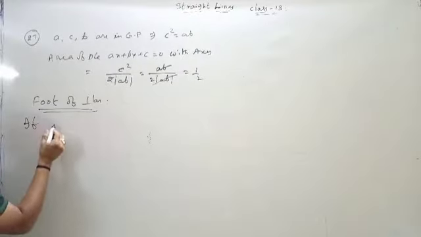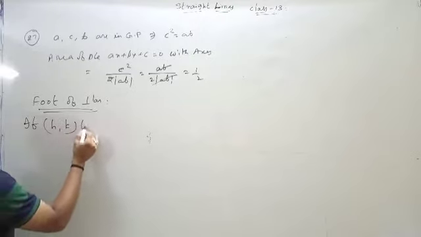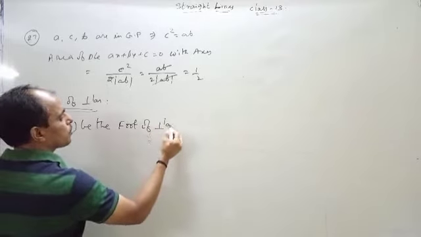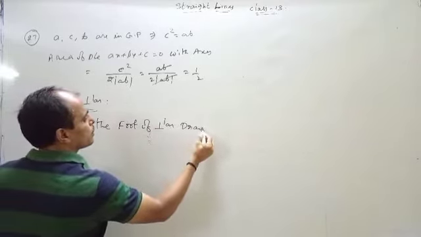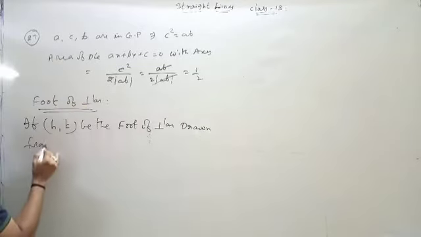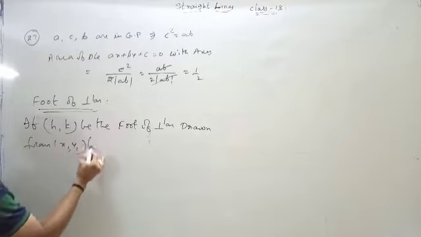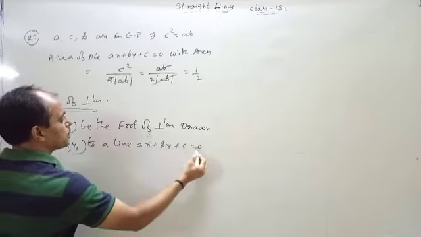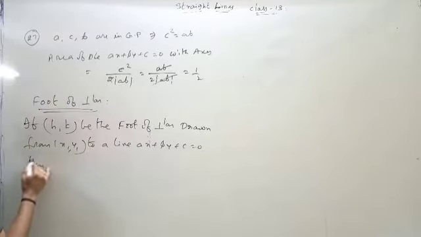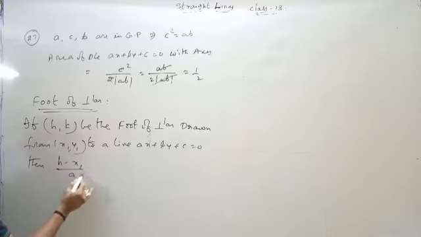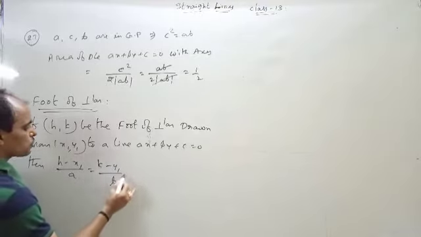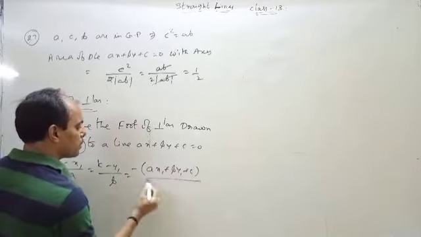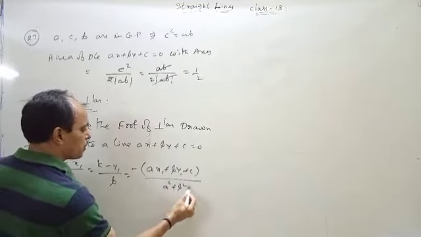If (h, k) is the foot of perpendicular drawn from (x1, y1) to a line ax + by + c = 0, then (h − x1)/a = (k − y1)/b = −(ax1 + by1 + c)/(a² + b²).